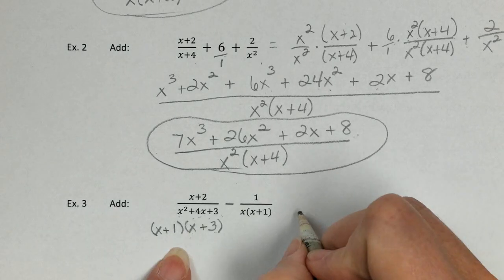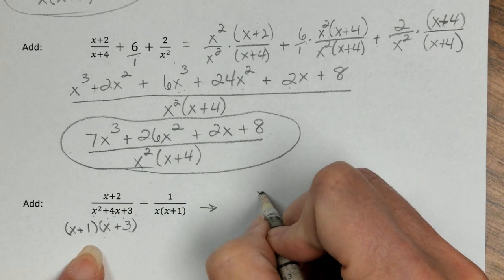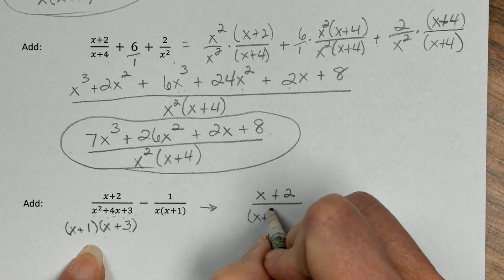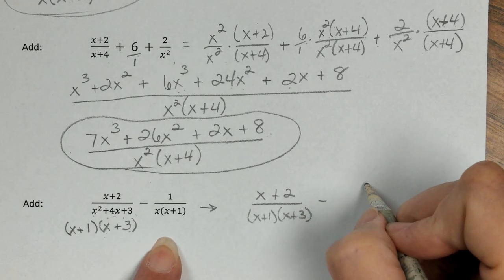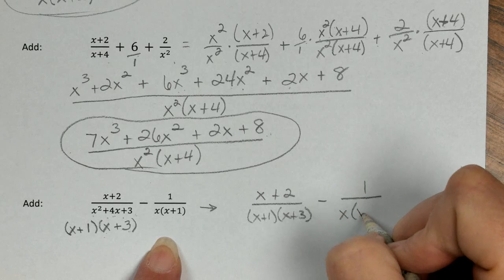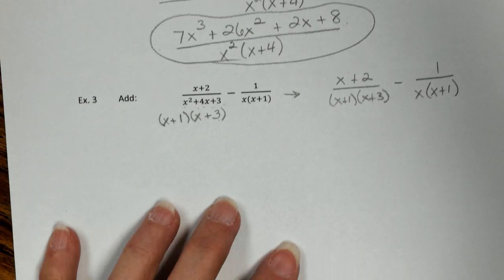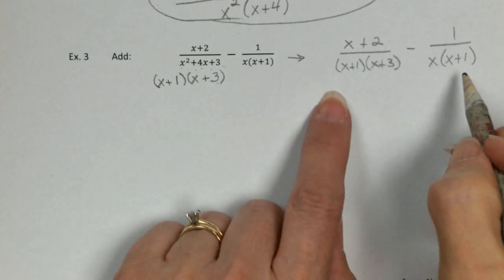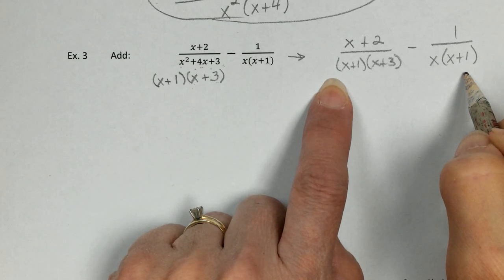So this original problem could be rewritten x plus 2 over x plus 1 times x plus 3, minus 1 over x times x plus 1. And now I'm looking for the least common denominator, and I see they both have a factor of x plus 1, so I'm not going to have to multiply either of them by that.